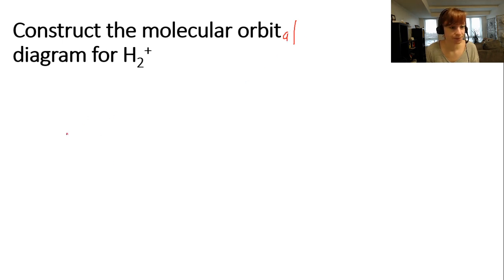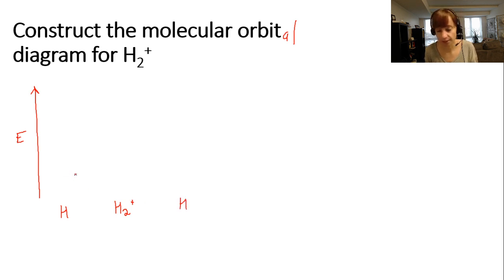To start, you want to show that you're going from lowest energy to higher energy. So you just need to include that y-axis. So H2+ is 2 hydrogen atoms coming together to form a molecule. So we need to take into consideration one hydrogen forming H2+, and then the other hydrogen.